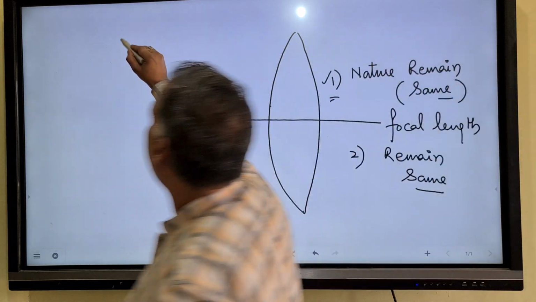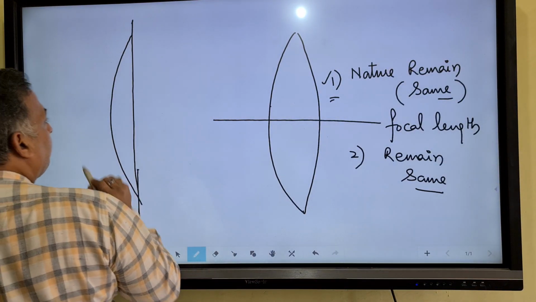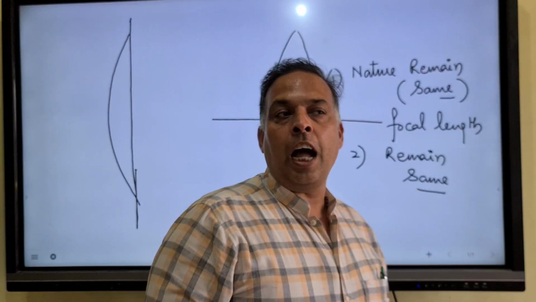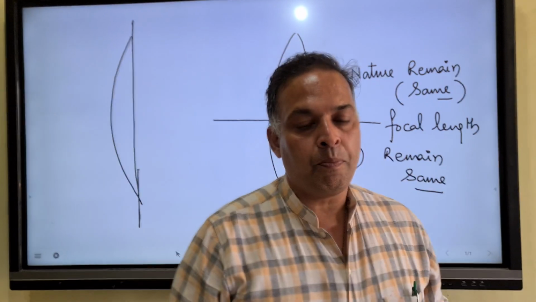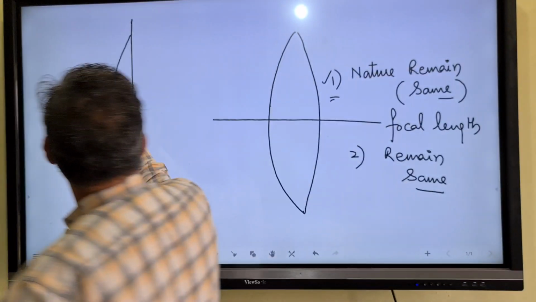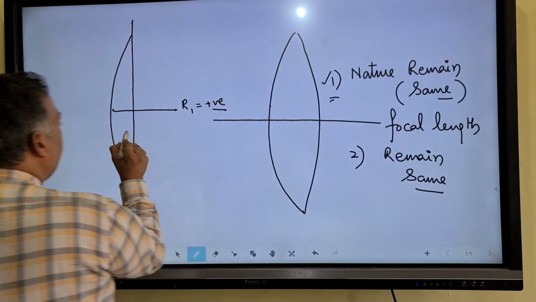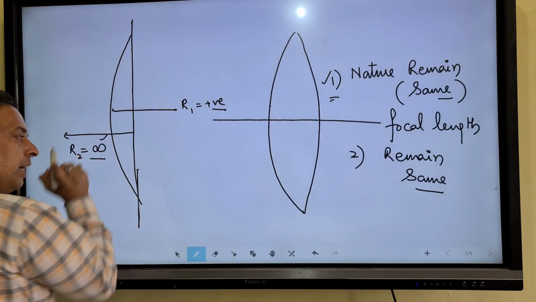When we cut it in the other way, its nature differs. Now it becomes plano-convex. R1 is positive and R2 becomes infinite.